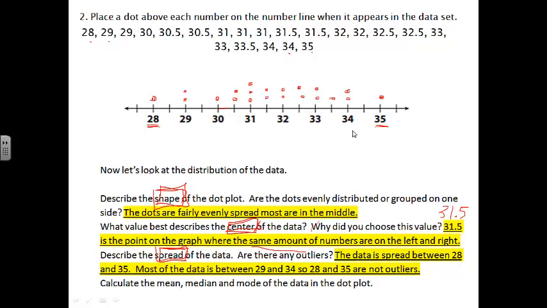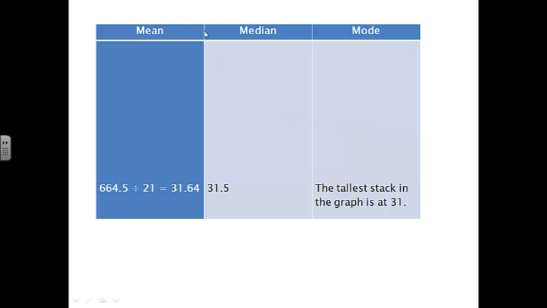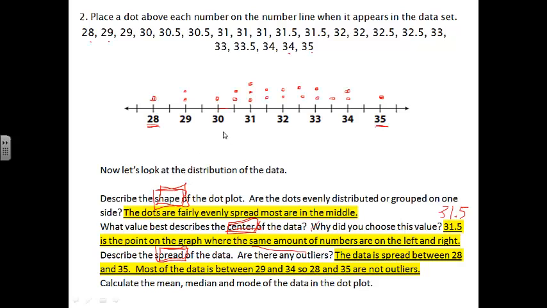All right, next part. We've got to find the mean, median, and mode. We've already done this, so we're going to go through this pretty fast. How would I find the mean? Good. We would add all numbers, then divide by the amount of numbers we have. I have it down here. When we added all the numbers, we should have got 664 and 5/10. How many numbers did we have?